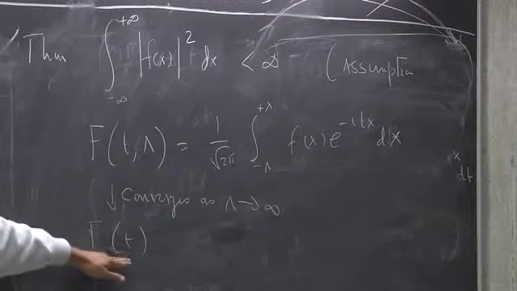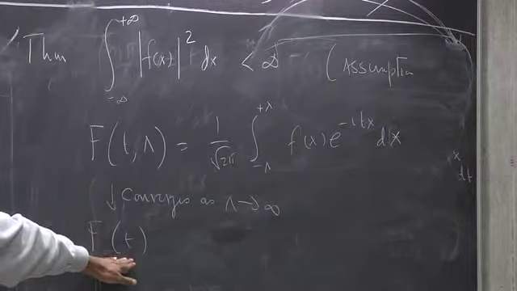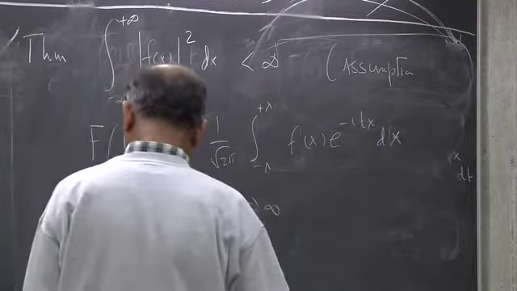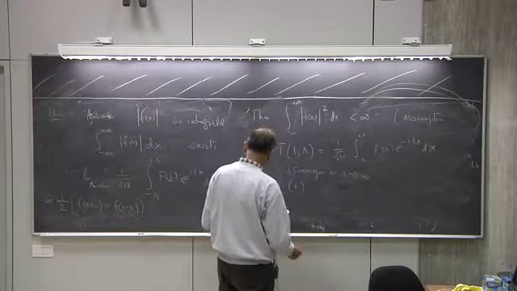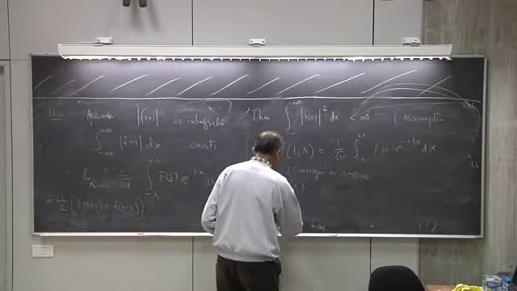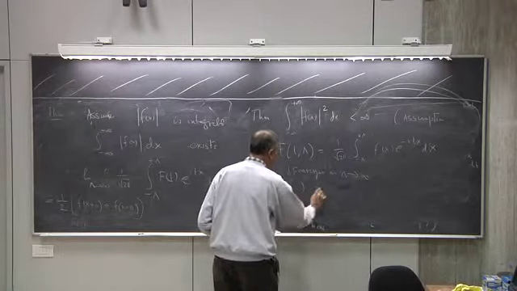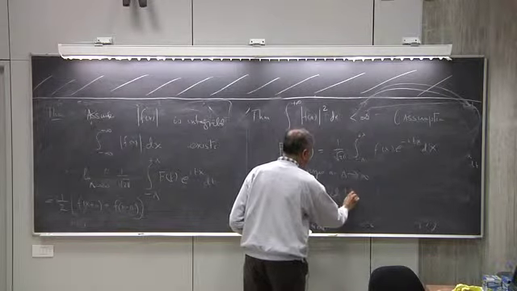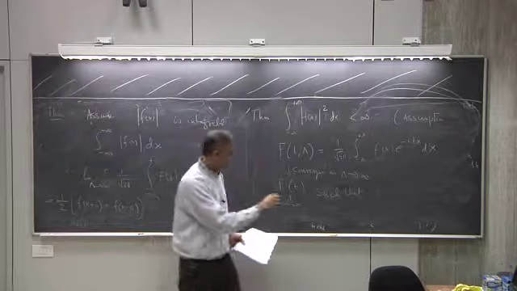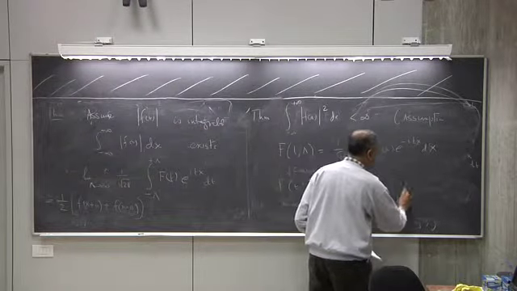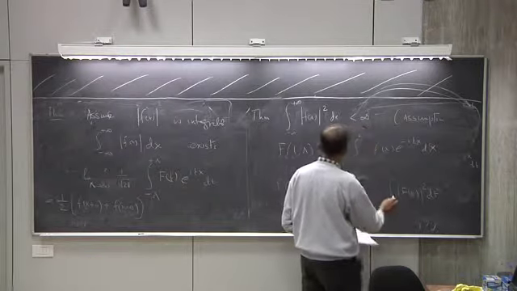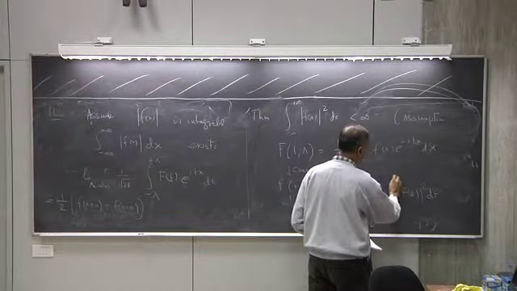It converges to some function F of t almost everywhere, such that this is also in the L2 space, such that the integral of |F(t)|^2 dt is also finite.